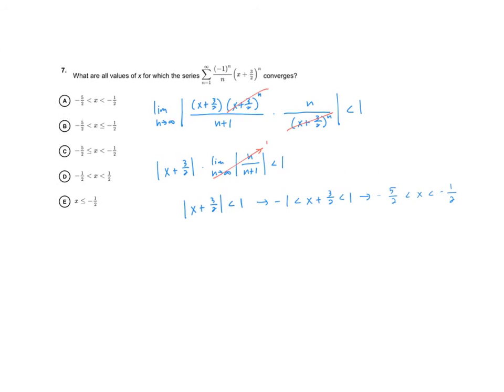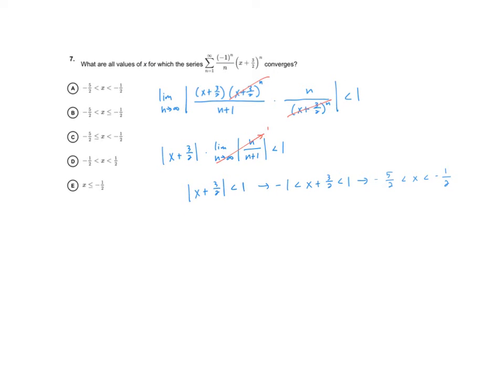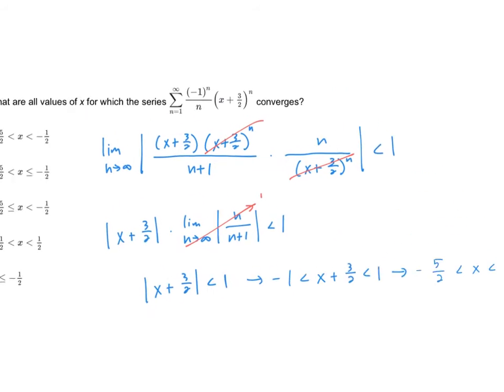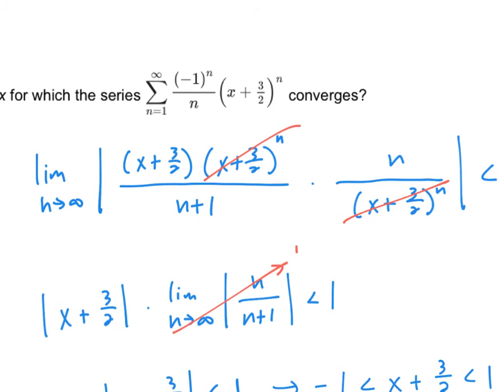Okay, so we know it's either A, B, or C, so we have to test endpoints. Let's do when x is -5/2. When x is -5/2, we look up here. This is -1 to the n times -1 to the n, that'll be -1 to the 2n, which means that'll always be just +1.